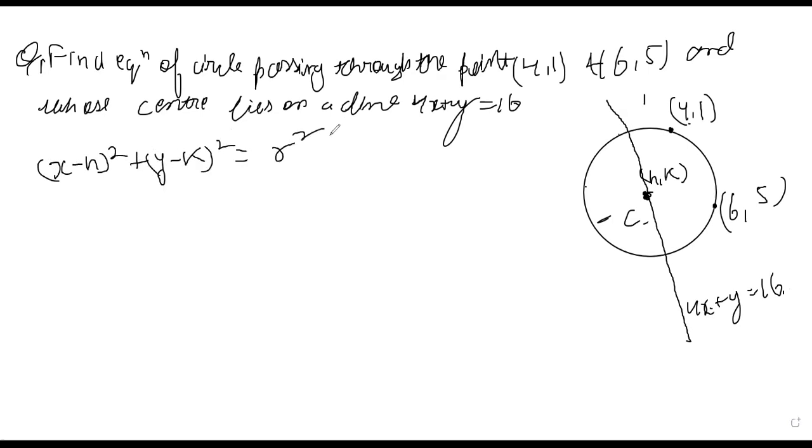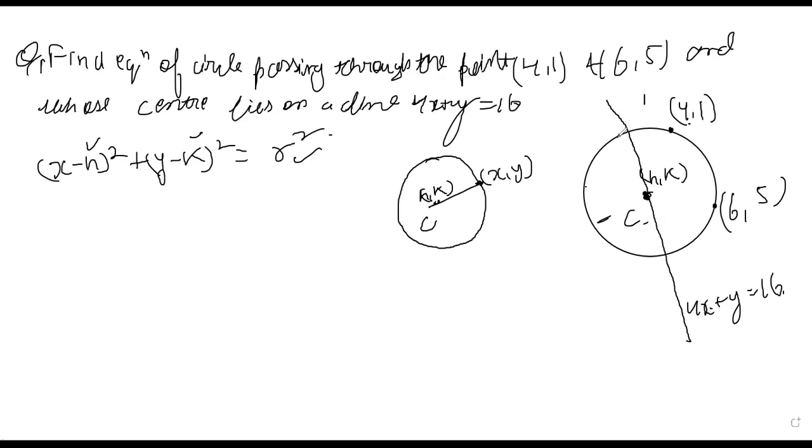So now we know the general formula, x minus h whole square plus y minus k whole square equals to r square. Now we don't know the value of r, we don't know the value of h and k. Now if you remember, while deriving the equation of circle, we took the center as h comma k and a point on a circle as x comma y. Yes.